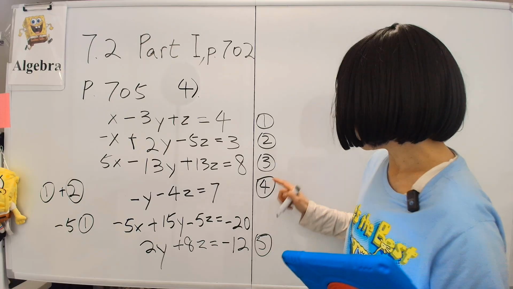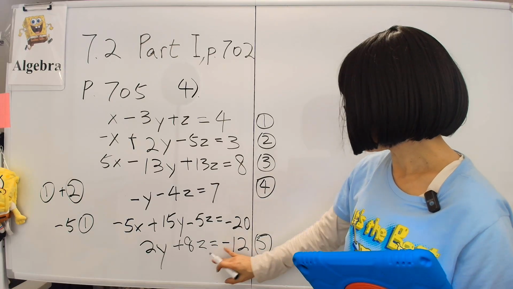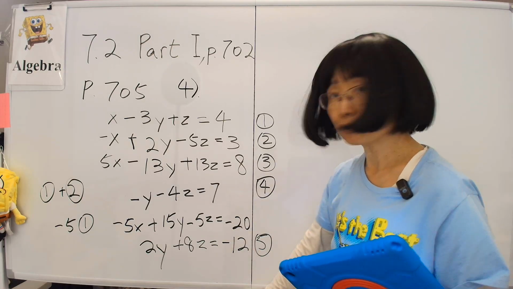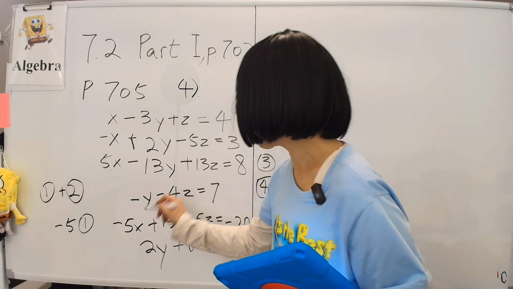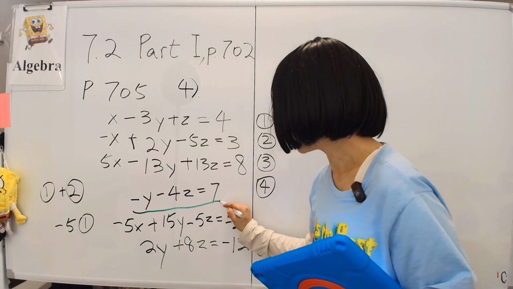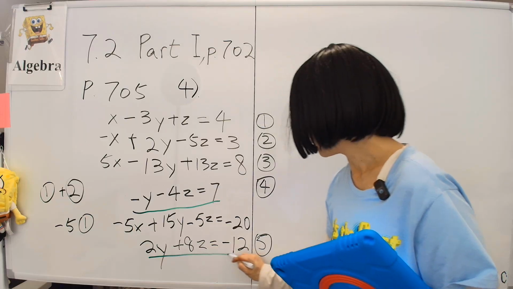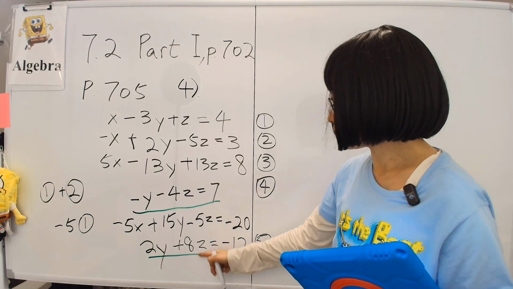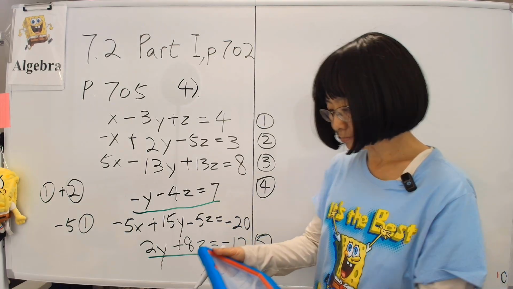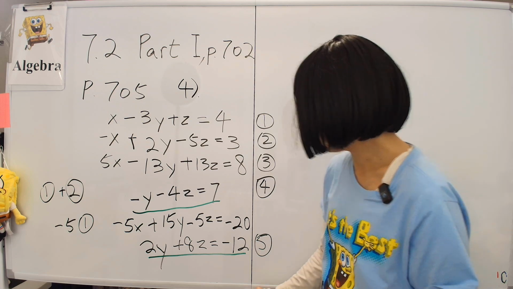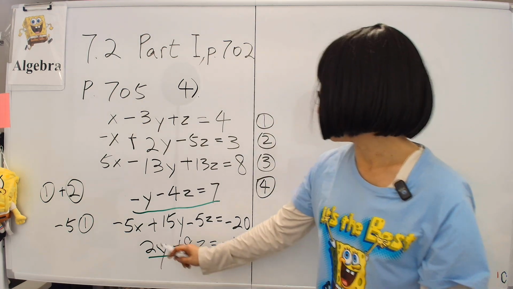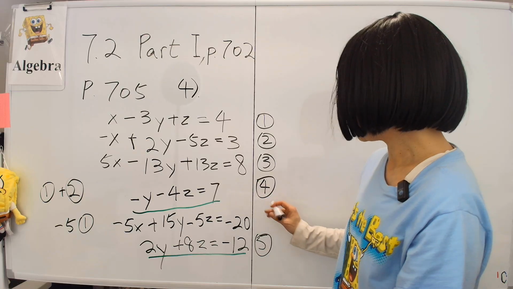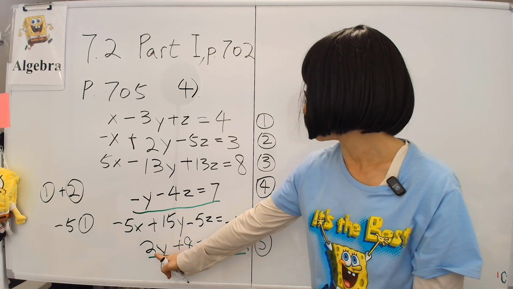All right, so now we have equation 4 and equation 5 that only have 2 variables each. By now, 2 variables is like, oh wow, that's a piece of cake compared to having to deal with 3 variables. So we're going to solve these two together by the 2 variable trick. First we'll multiply equation 4 by 2 to get rid of the 2y.